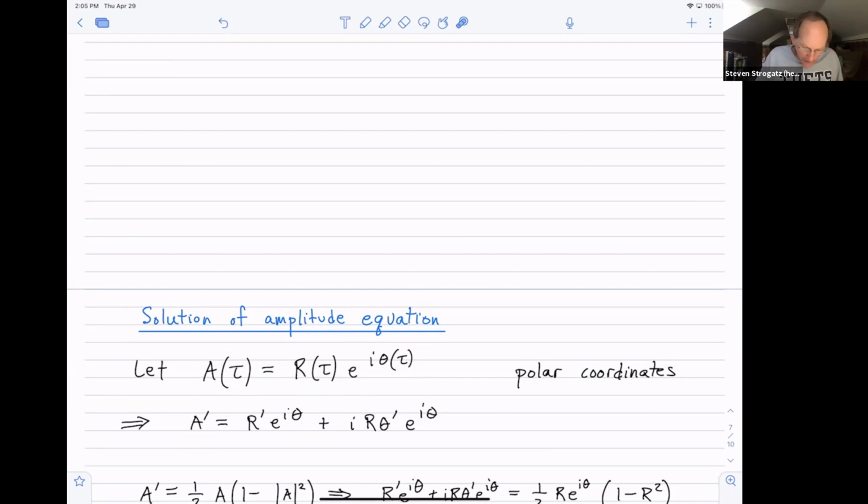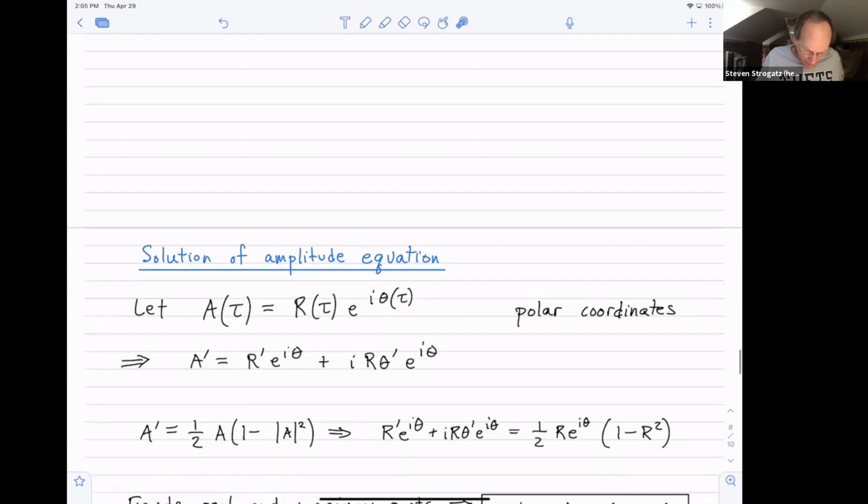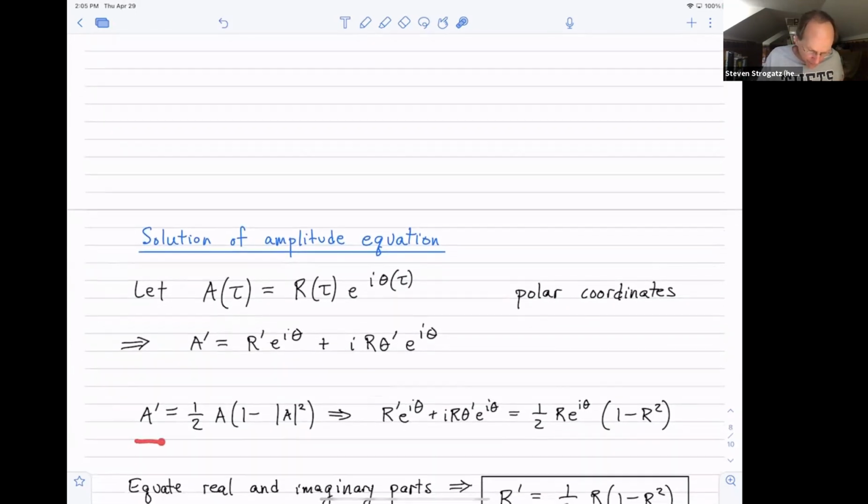Differentiating with the product rule, you get r prime e to the i theta plus i r theta prime e to the i theta. And so I'm now going to substitute into my amplitude equation for A: I'll substitute for A prime, and then I'm going to substitute this A in here and there.